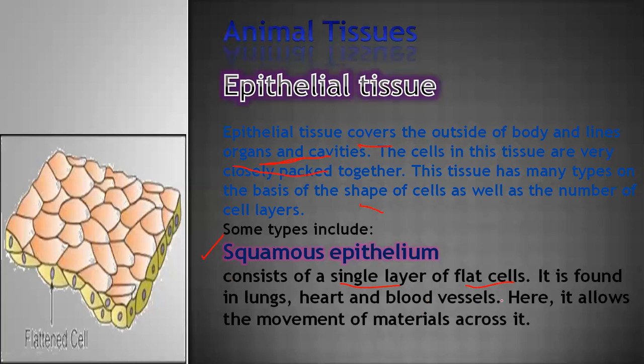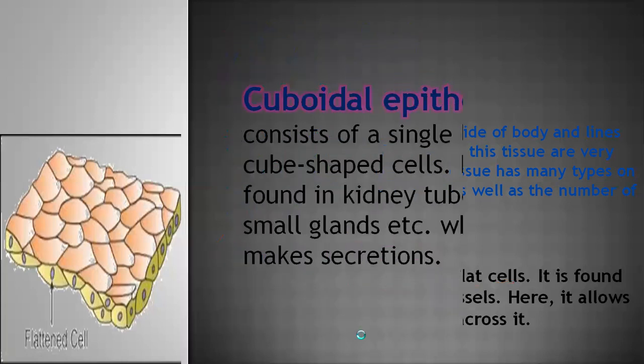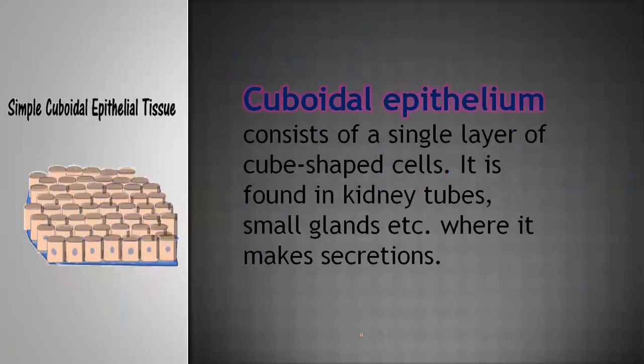The third point is its function. Why is the layer so thin and flat? Because it allows the movement of materials. For the movement of materials, it is very important that the cell layer be thin so that the materials can easily move through it.